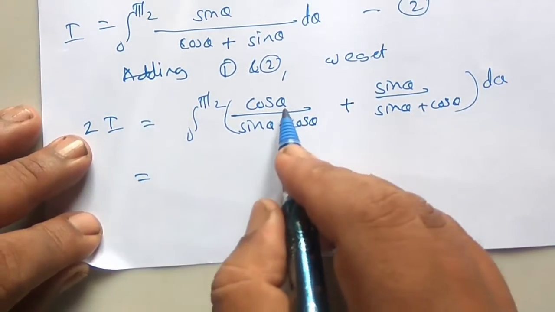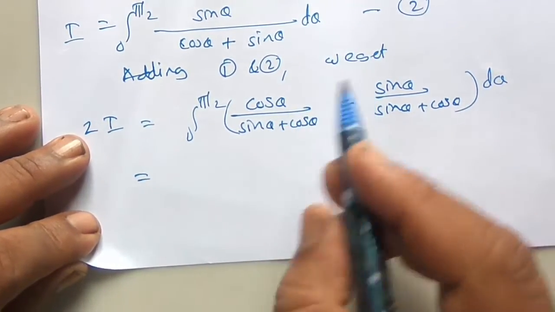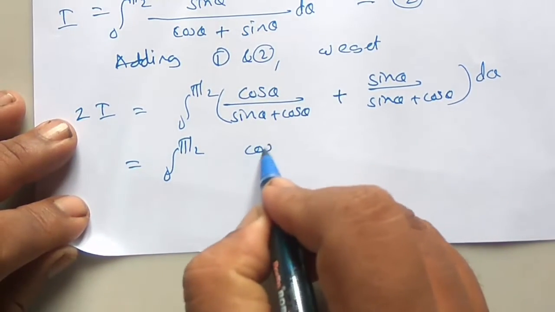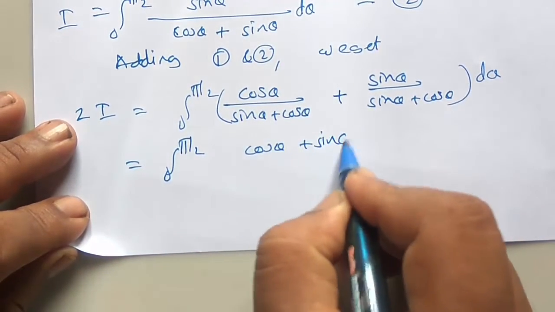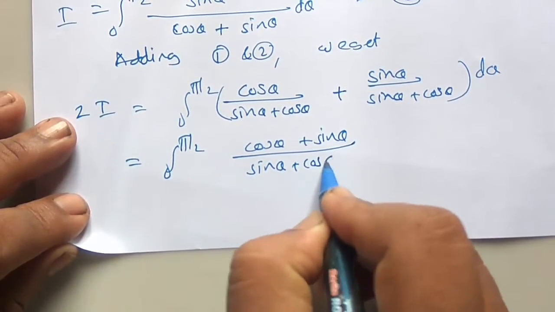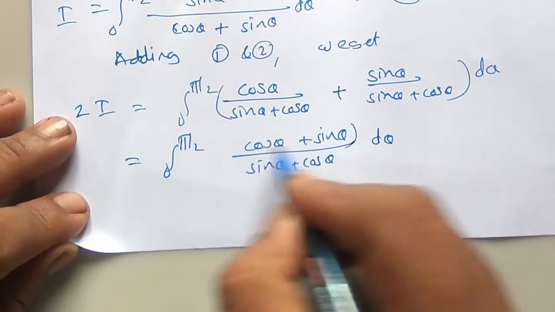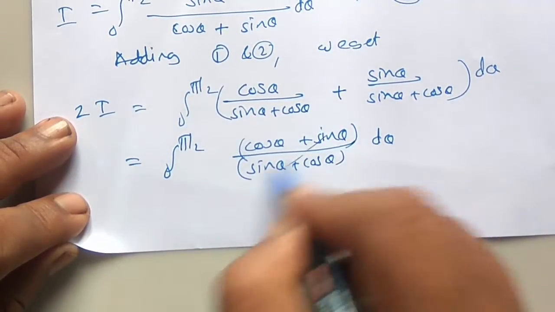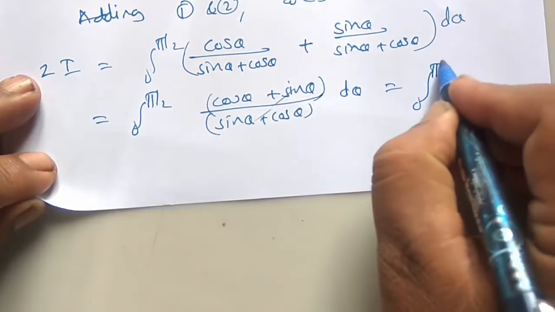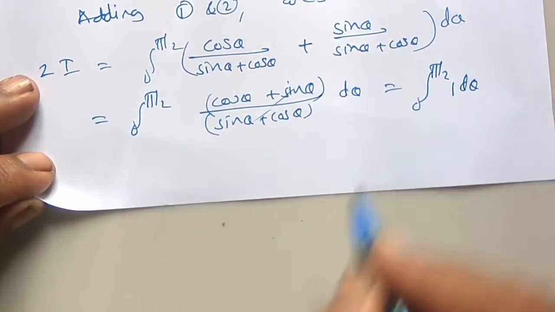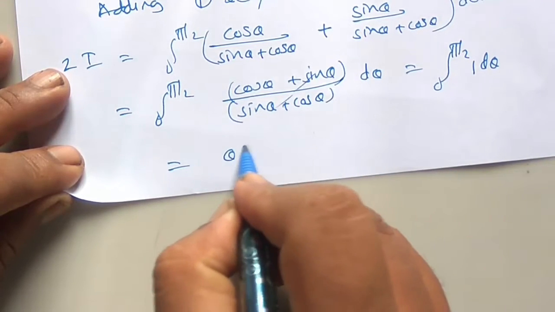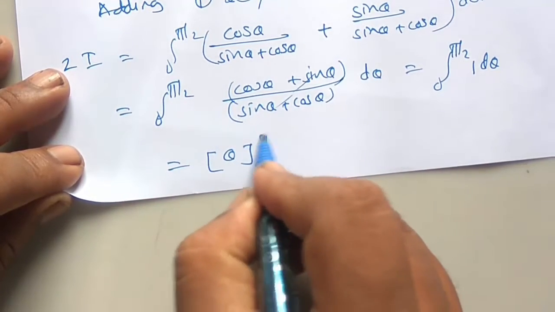The denominator is the same, so the sum of the numerators is integration 0 to pi by 2 cos theta plus sin theta upon sin theta plus cos theta d theta. Numerator and denominator being the same, they cancel each other. It is equal to integration 0 to pi by 2 of 1 d theta, and this is equal to theta from 0 to pi by 2.